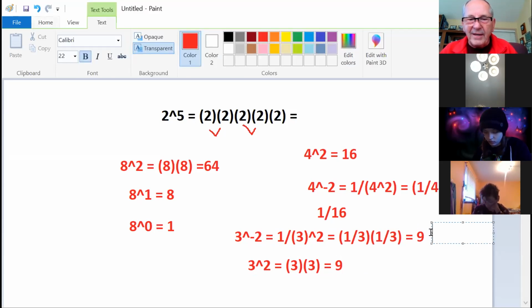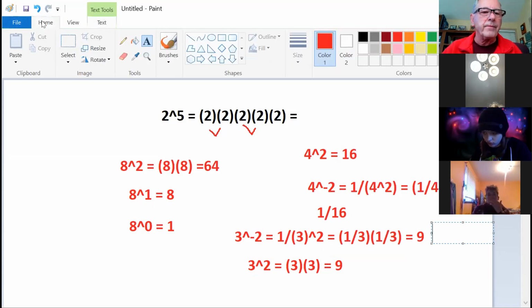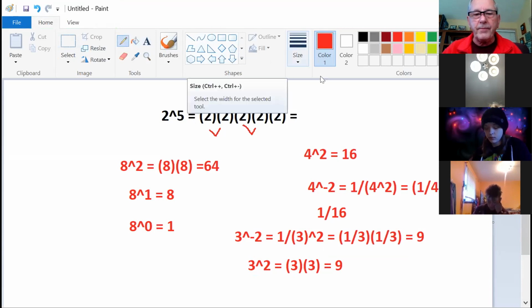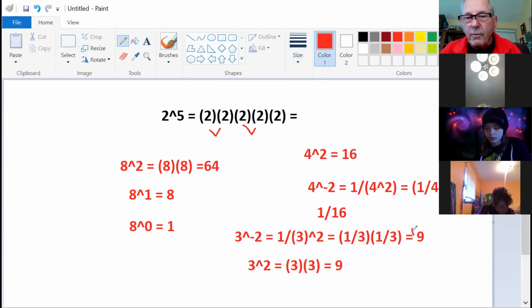Shoot, I can't erase this. 1/3 times 1/3 is 1/9. This is really 1/9, right? My point is this is the reciprocal of this.